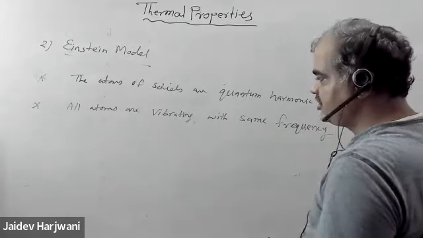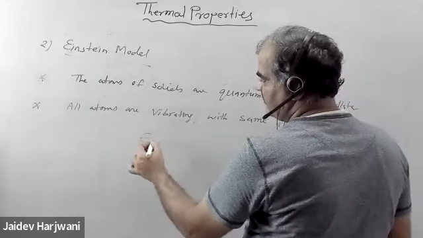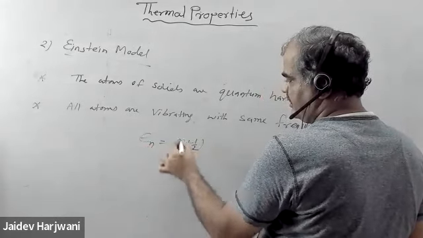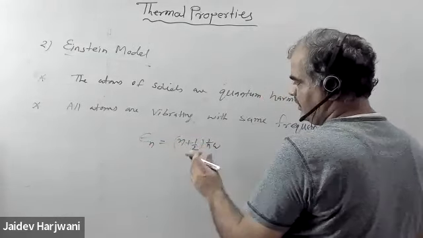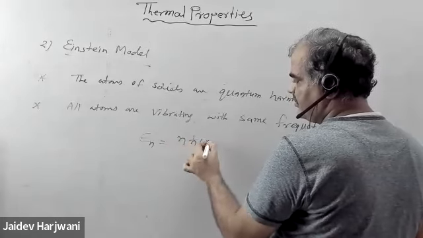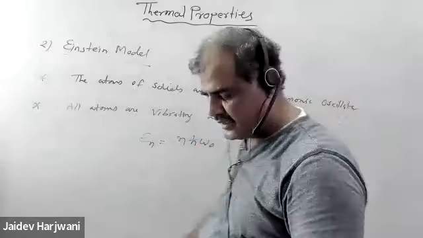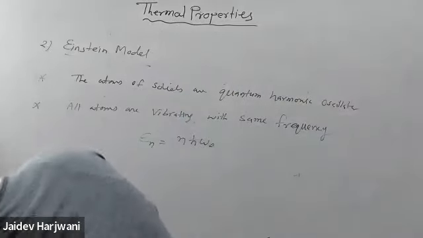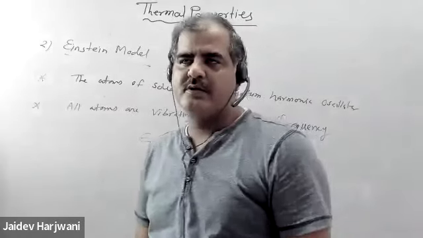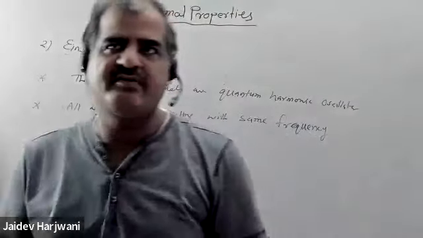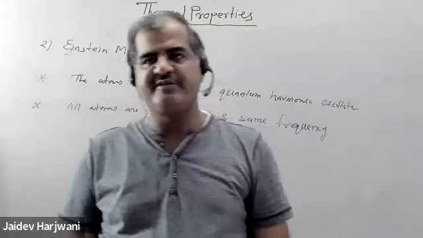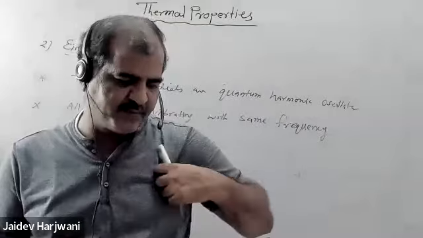Now we know the energy of a quantum harmonic oscillator is given by (n plus half) h cut omega. Here I am only taking n h cut omega naught, since they are vibrating with a single frequency. I'm not taking n plus half, because when you take n plus half, you get a constant term, and when we differentiate with temperature, that term will disappear.